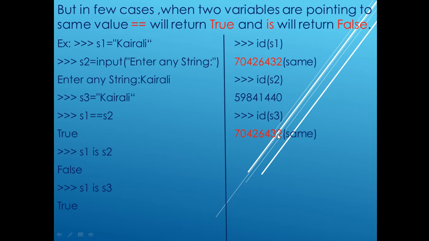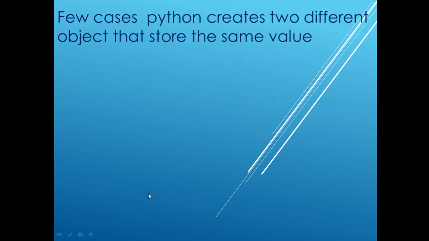That means the is operator will return false when the variable value is taken from the user with the help of the input function. Therefore, we can conclude what the few cases are where the is operator returns false.